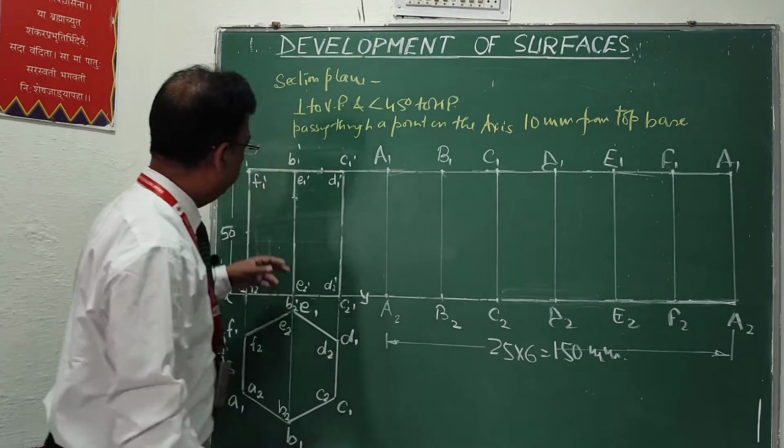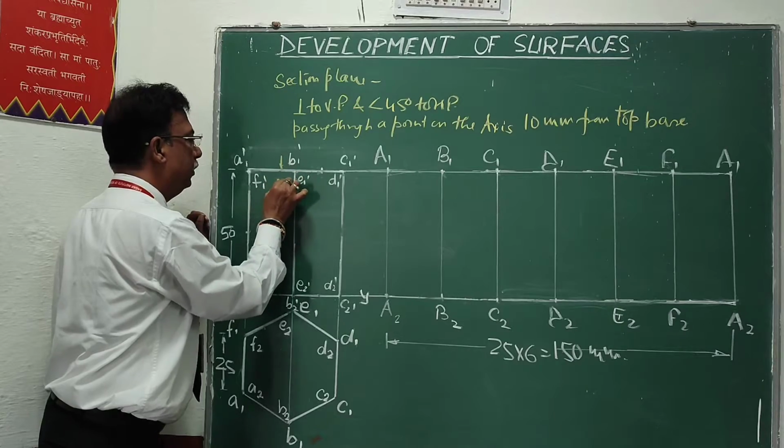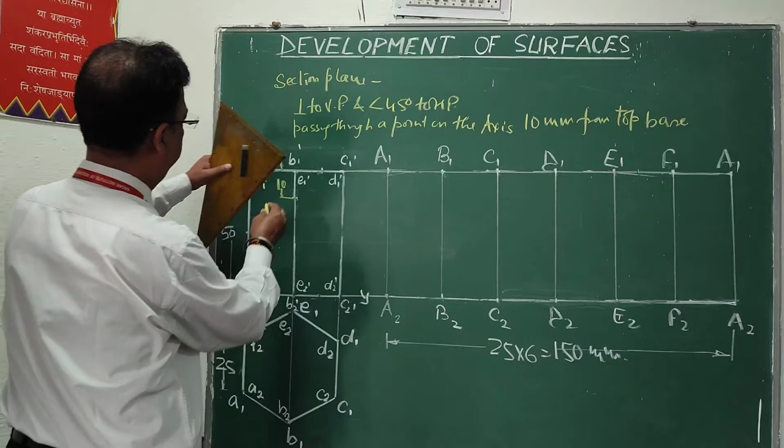So in the axis I have already marked a point 10 millimeter below, and from this point we are going to cut this solid by a 45 degree angle.